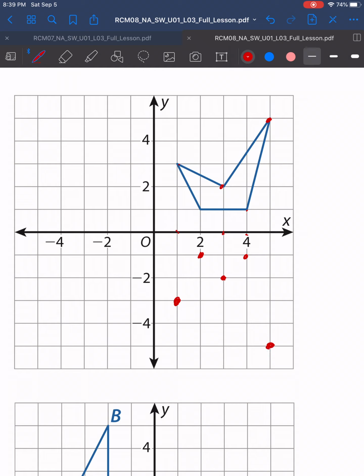Okay, so now let's go ahead and draw that. Something is not right. Connecting the dots is hard sometimes, okay? Don't judge me. Okay, that looks a lot better.